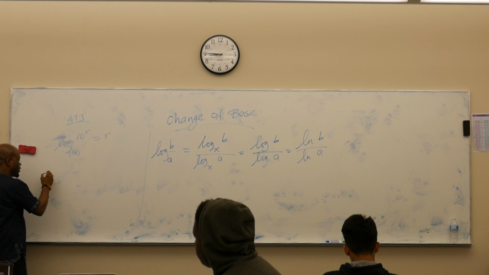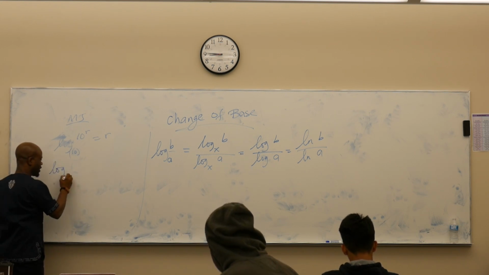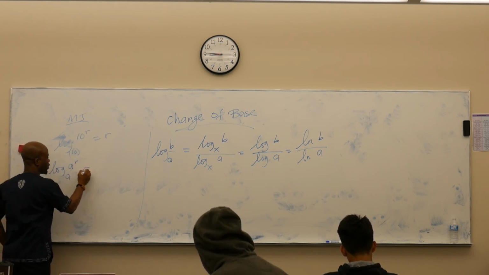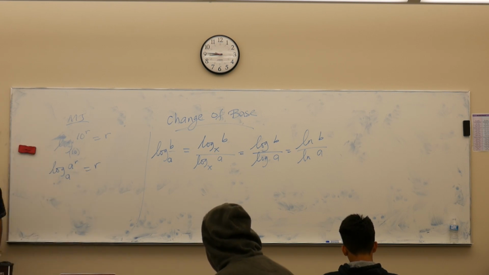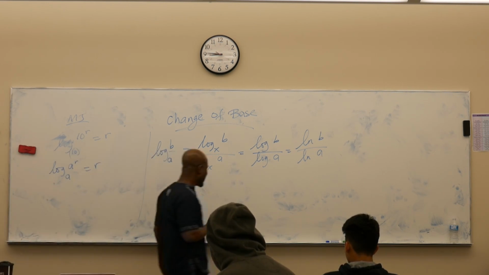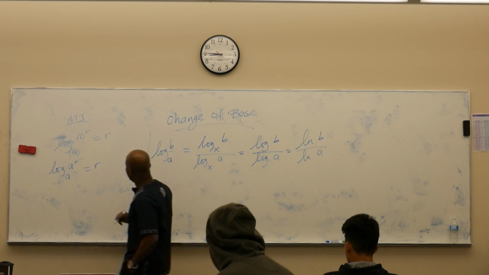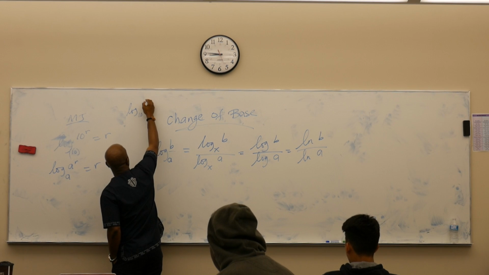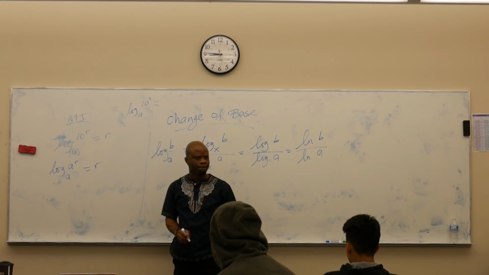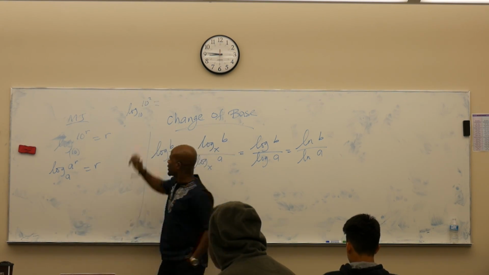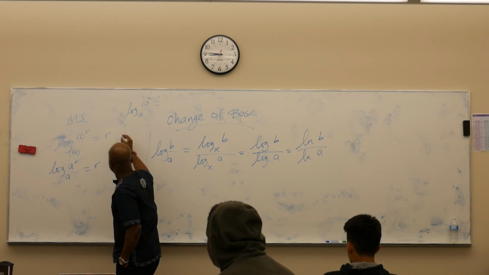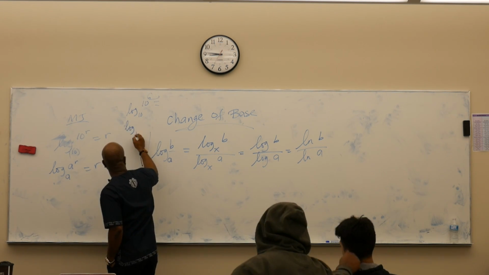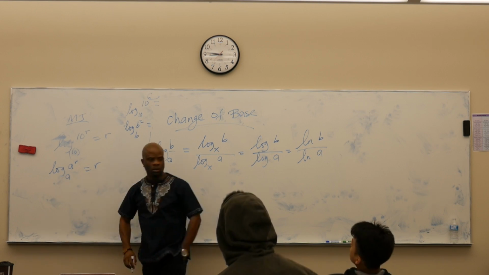And actually it was written this way: the log base a of a to the r is just r. By the way, let me ask you a question. What is the log base 10 of 10 squared? 2. Okay. Now, what is the log base b of b squared? 2.